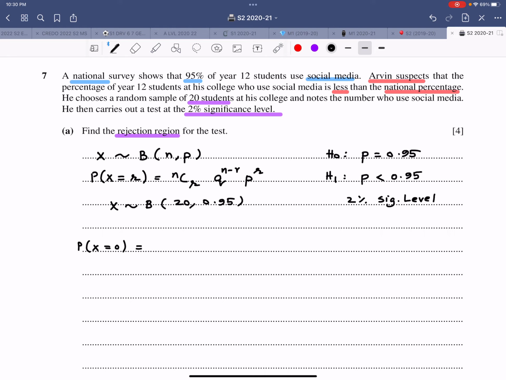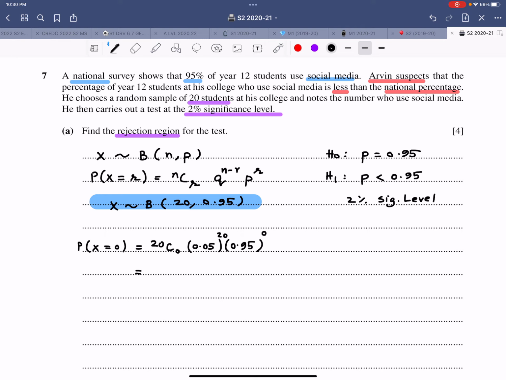So this is what I'm starting with, the binomial distribution, and I'm starting with the first value. Probability x equals 0, 20C0, success raised to power of 0, failure raised to power of 20, which you can definitely say the answer will be very, very small. So let me go to the calculator.